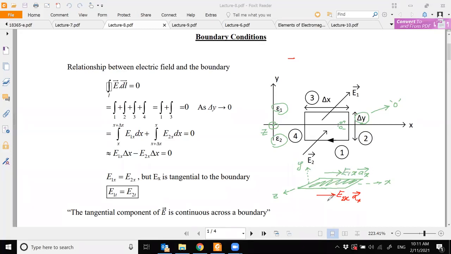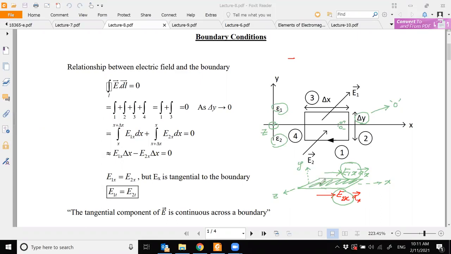They don't see the change in the medium because their values are the same. That is the meaning.